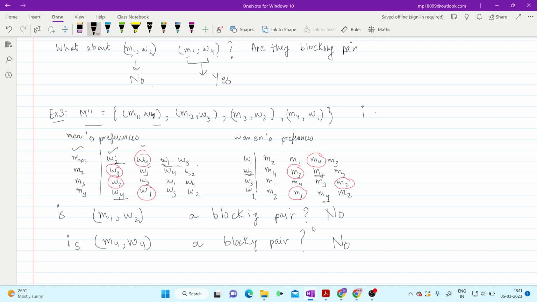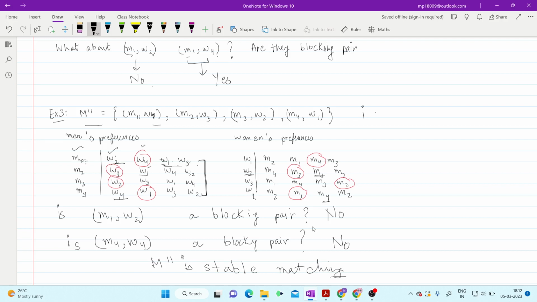Similarly, M1W3, M1 won't be happy with W3 either. So all the pairs after their preferences won't be blocking pairs. So we see that we have no blocking pairs for this matching. Therefore this matching is stable. M double prime is a stable matching.